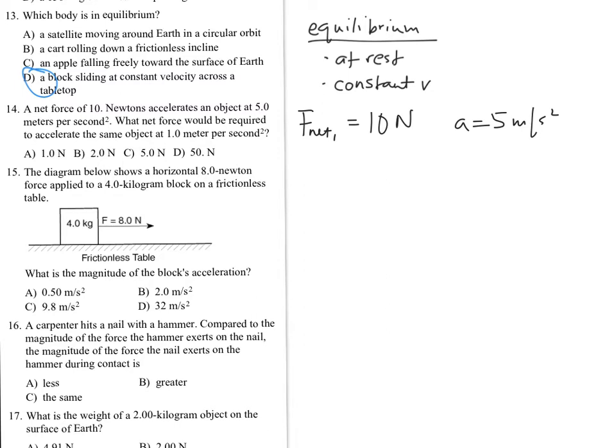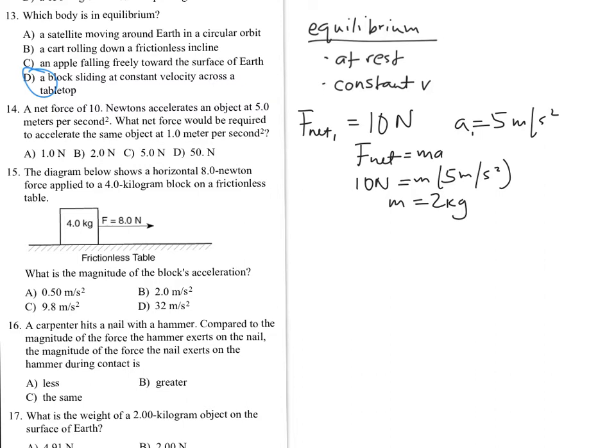But first, what is the mass of that object? We're going to use the equation F net equals ma. 10 newtons equals m times 5 meters per second squared. The mass is 2 kilograms.